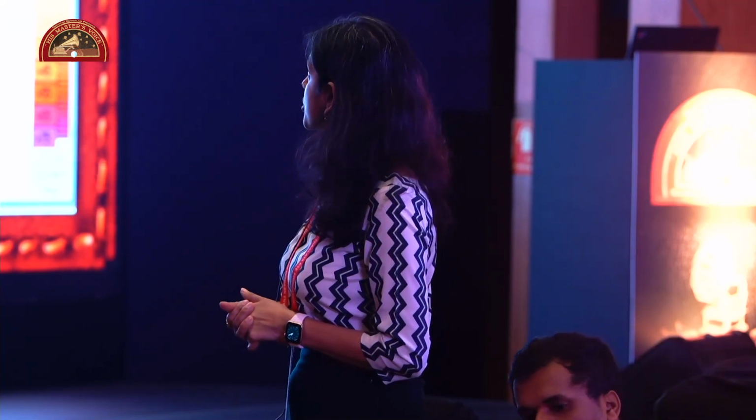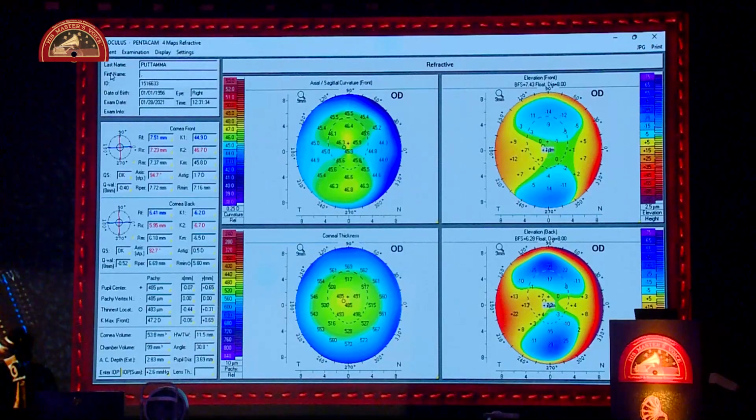For this patient, it showed a cylindrical power of 1.7 diopters, which makes this patient suitable for a toric IOL calculation. These simulated K1, K2 values are from the central part of the cornea, 3.2 mm centered on the corneal apex. These values can directly be entered into the online available toric calculators to give us the correct model and the axis wherein we can implant them, which will help us in reducing the preoperative corneal astigmatism.